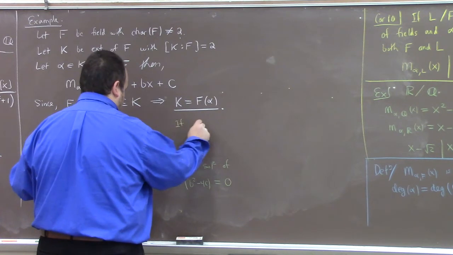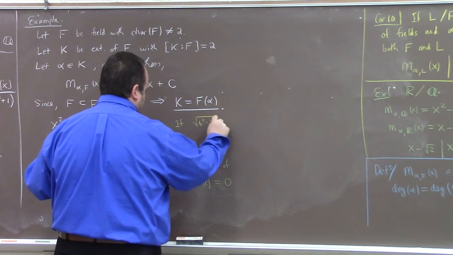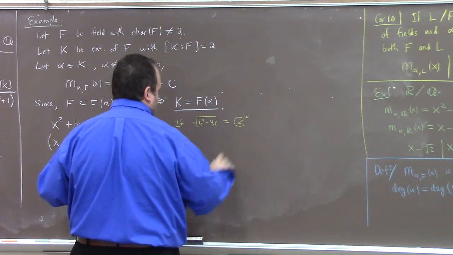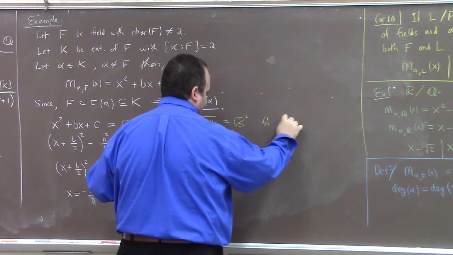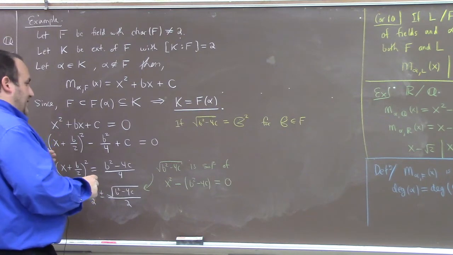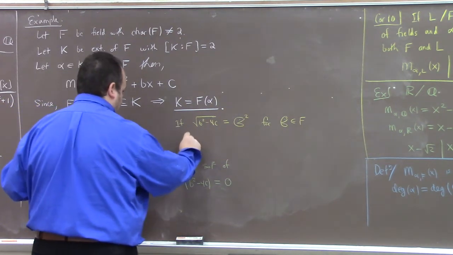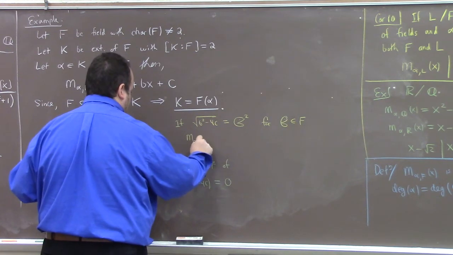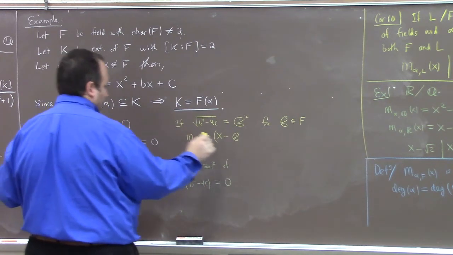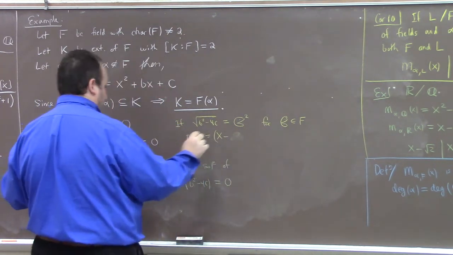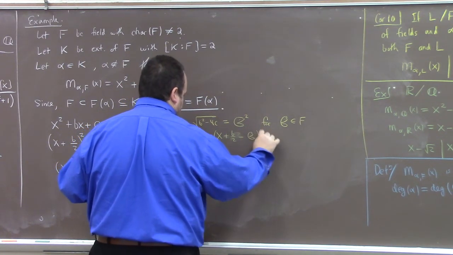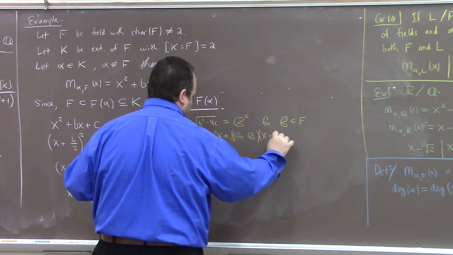Notice that if the square root of b squared minus 4c was equal to, like, Pac-Man squared for Pac-Man in F, then we're out of luck, because then that would mean that the minimal polynomial over F would factor as x plus b over 2 minus Pac-Man, times x plus b over 2 plus Pac-Man.